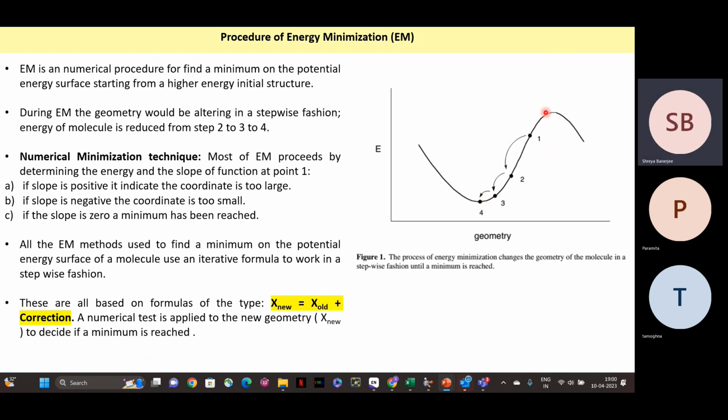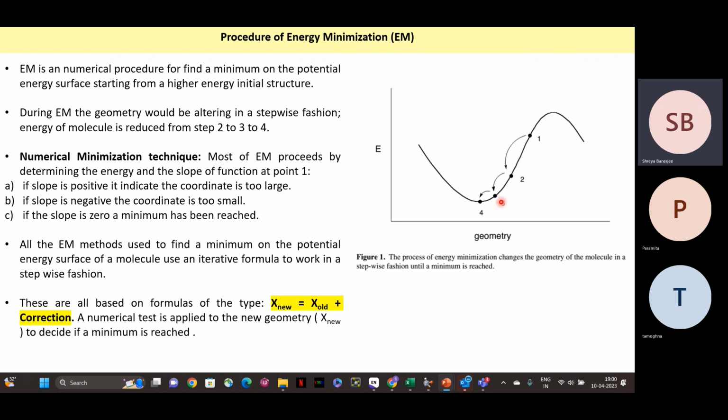So no matter whether we start from the right side of the graph or the left side of the graph, if we follow this numerical minimization technique, we will always reach a point where the slope is 0, and that is the minimum. All the energy minimization methods work on finding the minimum of this potential energy surface, and it continues this in an iterative way.